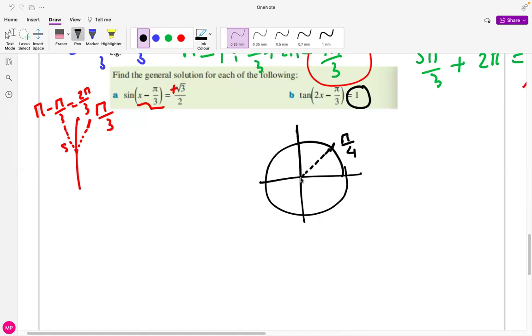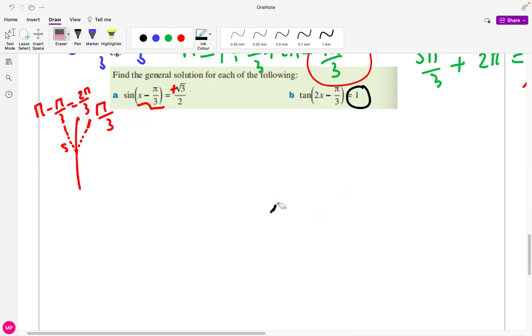Because tan is positive, you have the other angle on the other side as well. But because they divide the circle evenly in half, you don't need another solution to represent it. You can just use pi/4 and add half of the circle to represent the next solution. So what we do is we have 2x minus pi/3 equals pi/4, and we just need to add n pi. So for tan, just plus n pi.